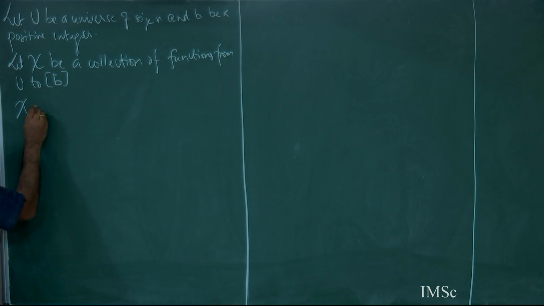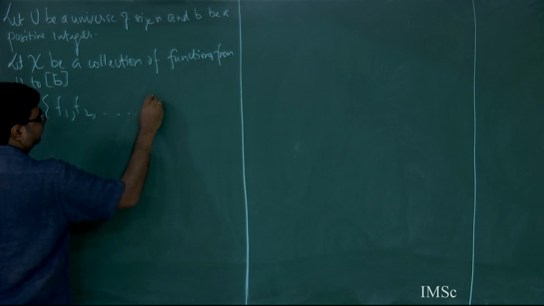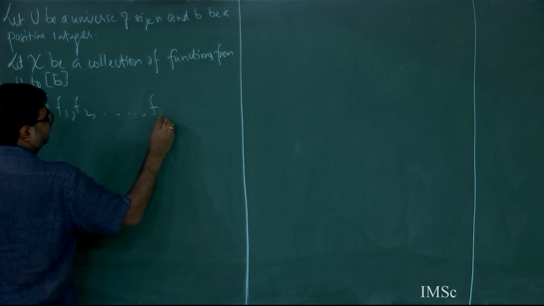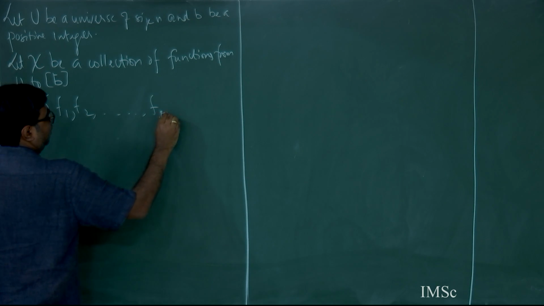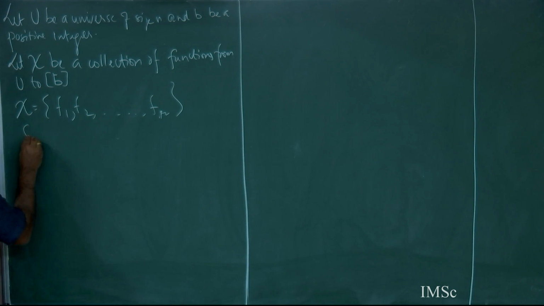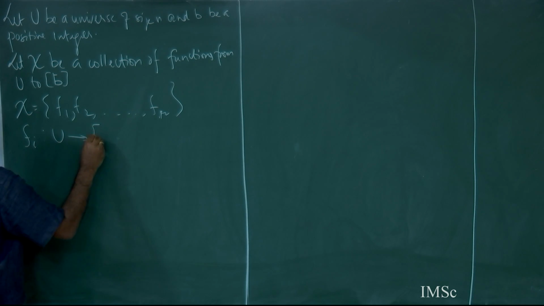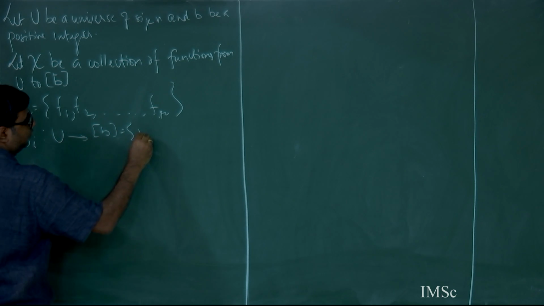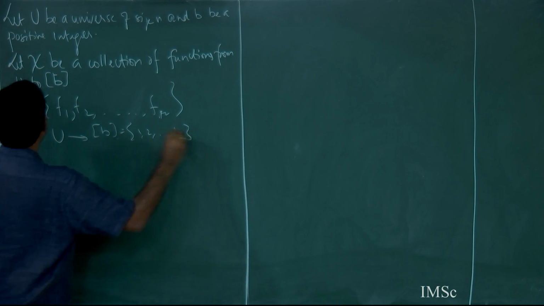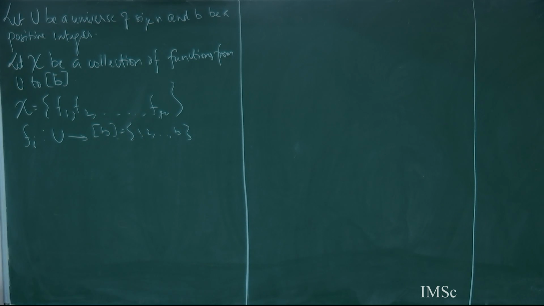So chi is going to be functions f1, f2, some fr, where each fi is a function from universe U to B, which is basically 1 to B. Okay, a collection of functions from U to B.